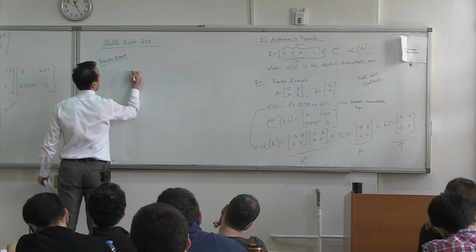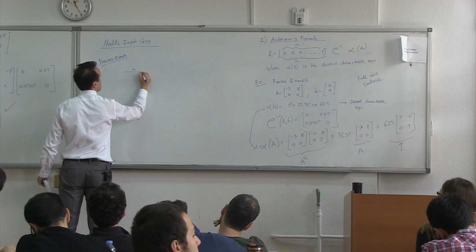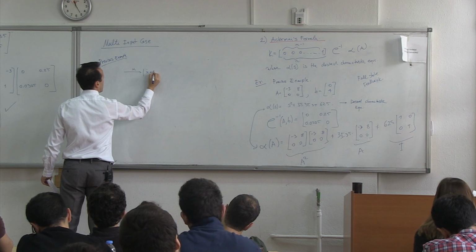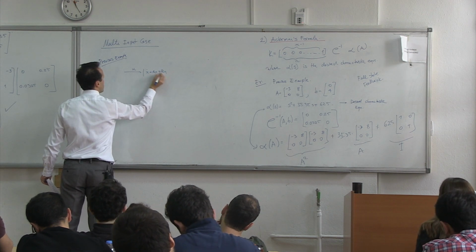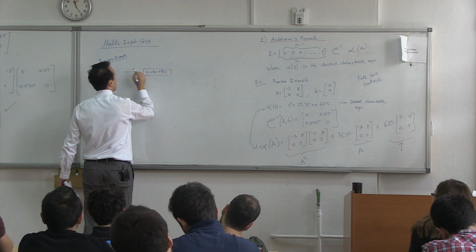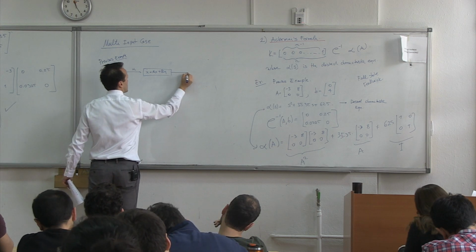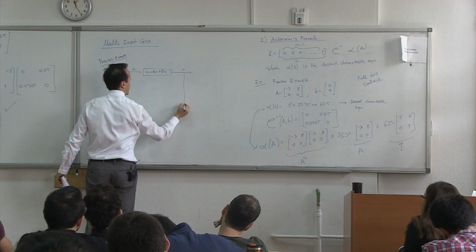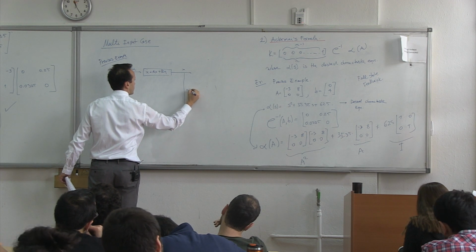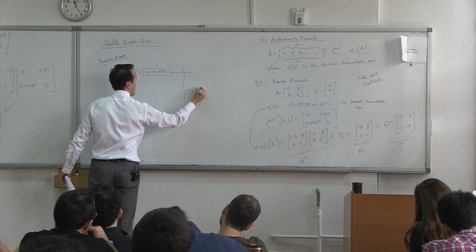was actually quite simple. I had u, x dot is equal to ax plus bu. The output was x. We took x. In fact, x is equal to x1 and x2.